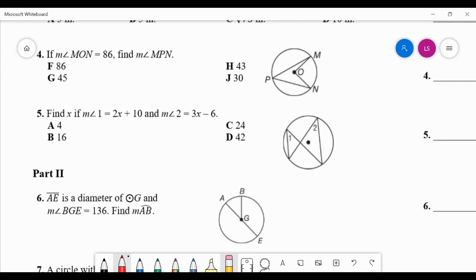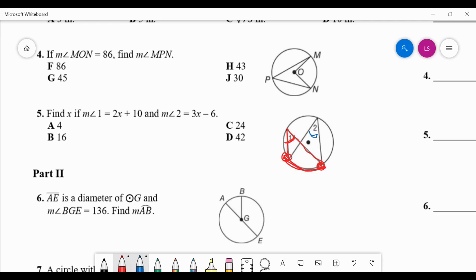Number 5. Find x if measure of angle 1 is 2x plus 10 and measure of angle 2 is 3x minus 6. Angle 1 is here, and notice that it intercepts this arc.